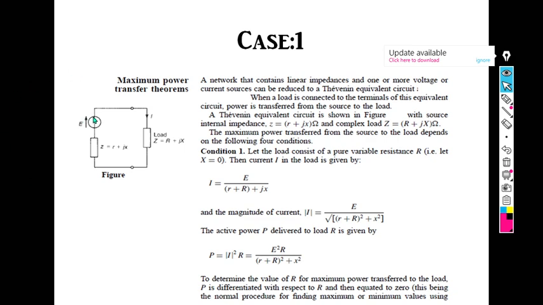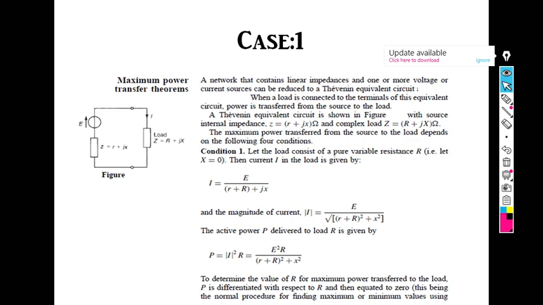So we can take ZTH as R plus jX, where jX is a reactance, and X may be an inductive reactance or capacitive reactance, or if there is an RLC circuit, then based on the angle, we can decide that it is an inductive reactance or capacitive reactance.